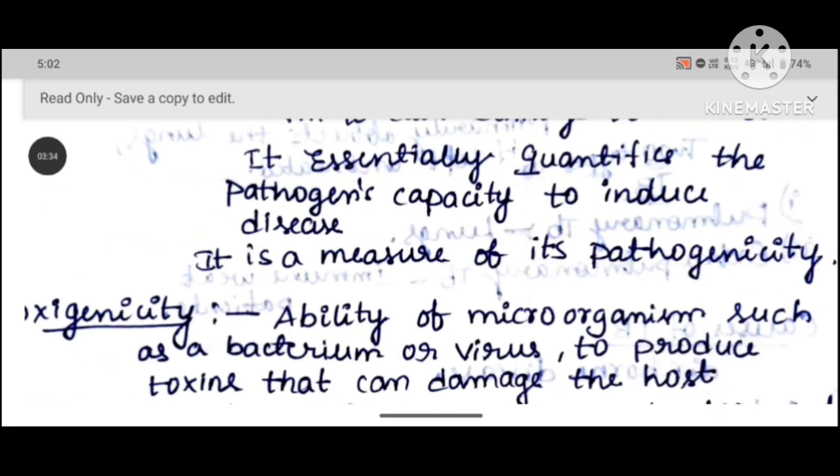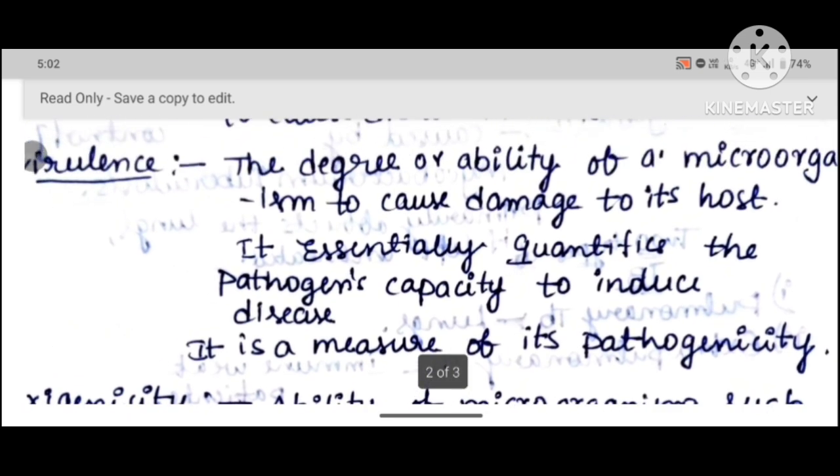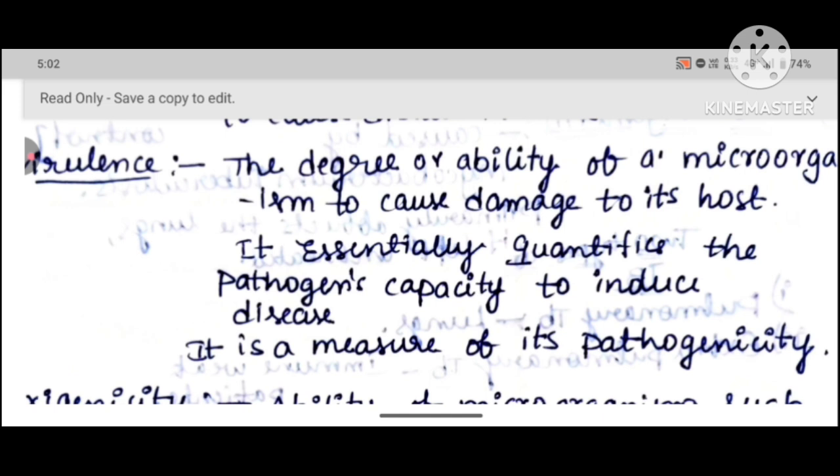So virulence is a measure of its pathogenicity, which means virulence indicates the degree, the range, or the extent to which a microorganism can cause infection in the host body. It is a kind of analysis of the range of infection in the host body.